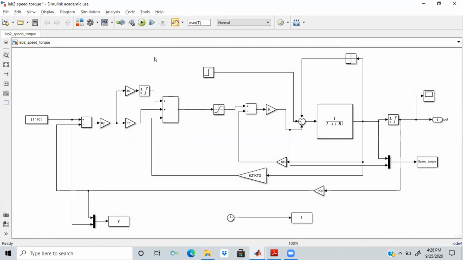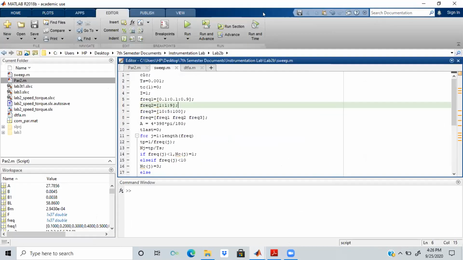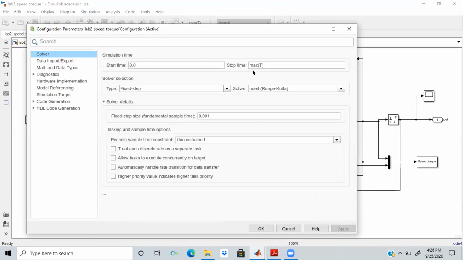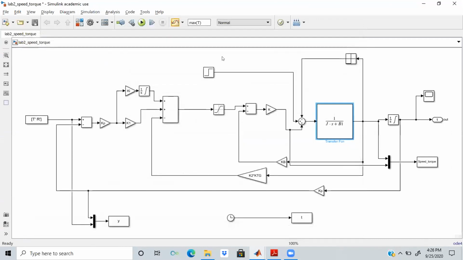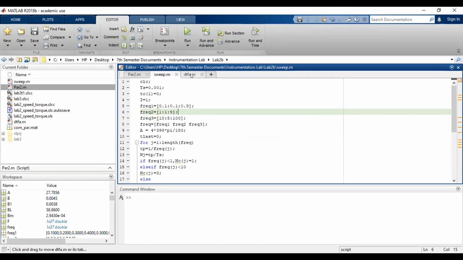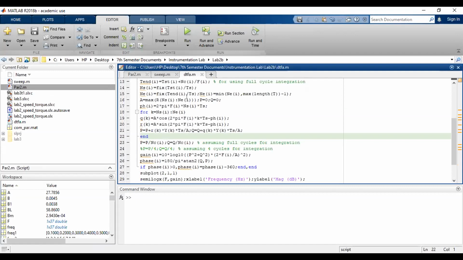After 100%, then this configuration parameter you check. Okay, fine. Then you go to DTFA file. Yes, sir. Yeah, this Y, we go to top.